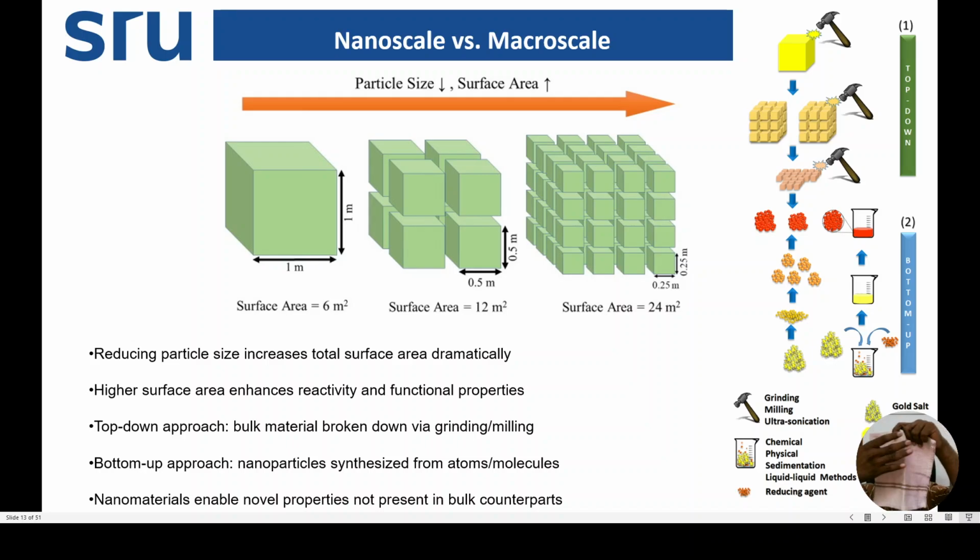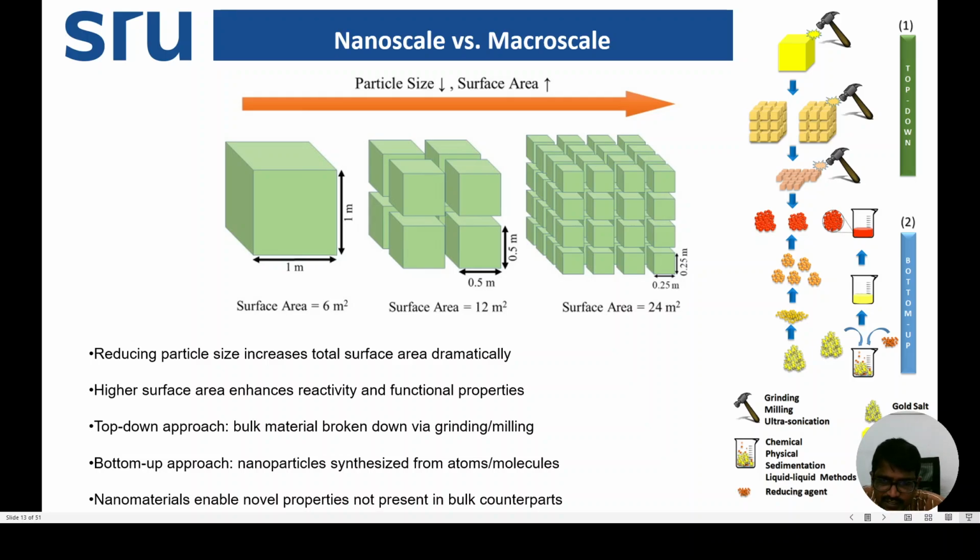See how much surface area, so much surface area will be exposed.